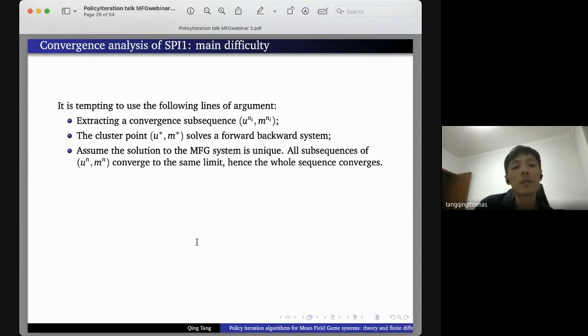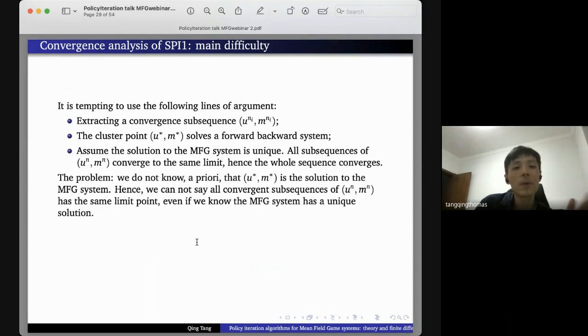Then all subsequences of U and M_n would converge to the same limit, and then the whole sequence converges. This would be the idea, but there's a problem here. The problem is that we don't know a priori that the limiting point would be a solution to the MFG system. We have an algorithm, we have a sequence, and we extracted a subsequence. We cannot know if the limiting point is a solution to the MFG system because we are using a subsequence. That's the key point.